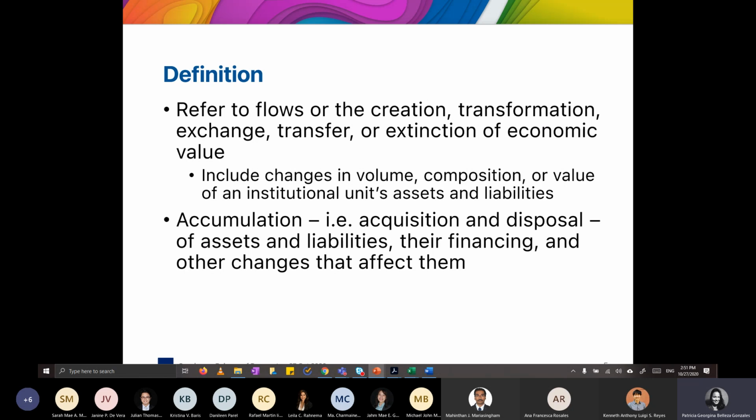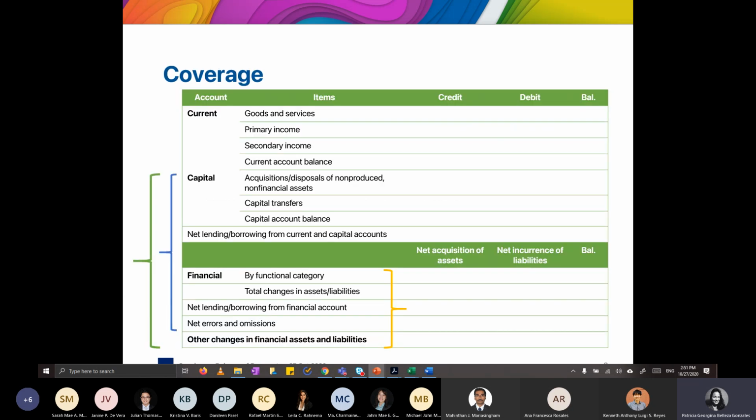The accumulation account in particular covers the acquisition and disposal of assets and liabilities, their financing, and other changes that affect them. Practically speaking, this is what the accumulation accounts cover. You can see the green bracket here. So, you have the current account, which Ken discussed earlier.